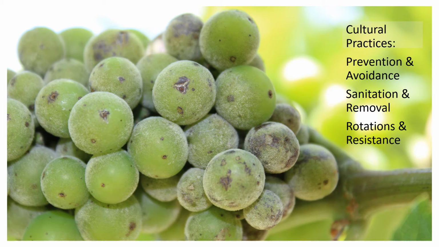And then finally, we can consider rotating out of a susceptible crop, especially if we have a host-specific pathogen. We can rotate out of a crop for a selected length of time so that that overwintering inoculum falls by the wayside, and that we're breaking that cycle. So we can use resistant species and resistant cultivars in a rotation.